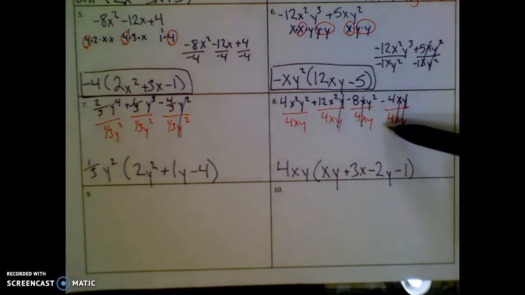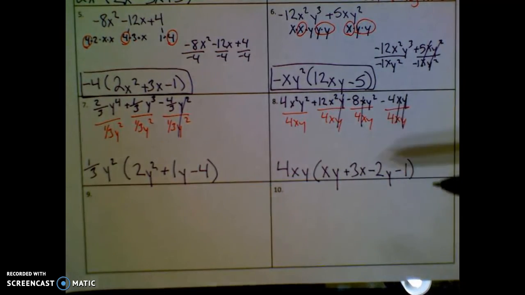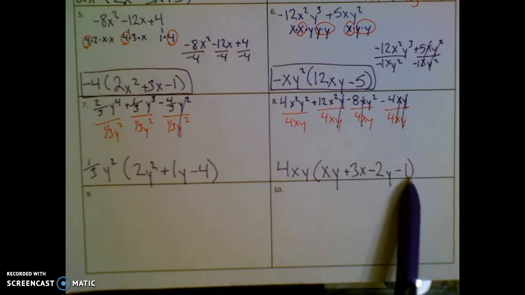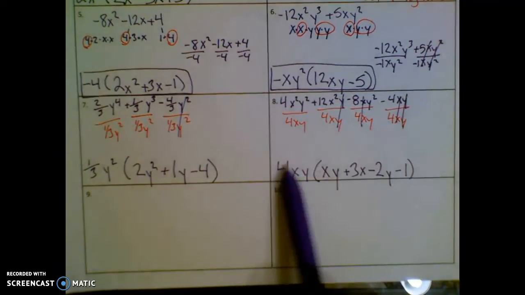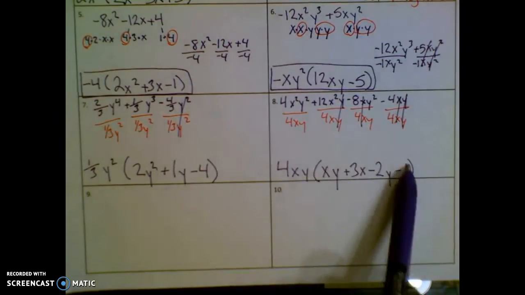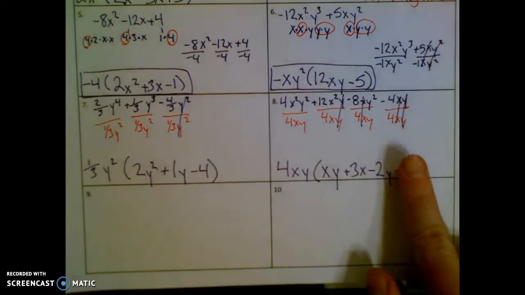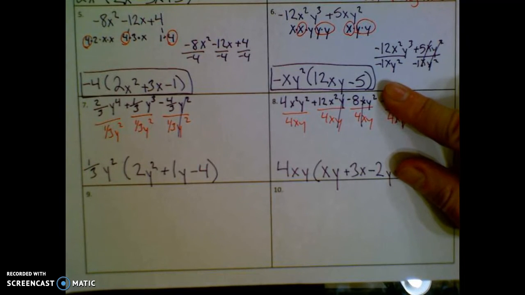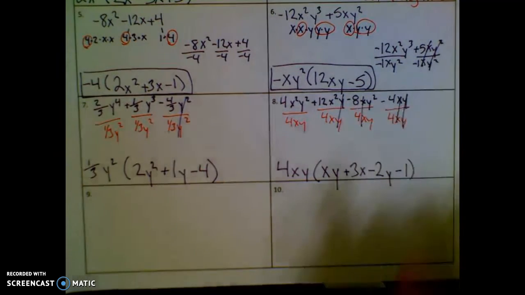When things cancel out, they still become 1. Negative 4 divided by 4 is a negative 1. So make sure you don't ever lose any terms. If you have 4 terms, I need 4 terms on the inside. I need to multiply back out and get all of these terms again. If you get rid of this term, I'm going to lose it when I multiply back out. So make sure you have a 1 as a placeholder.